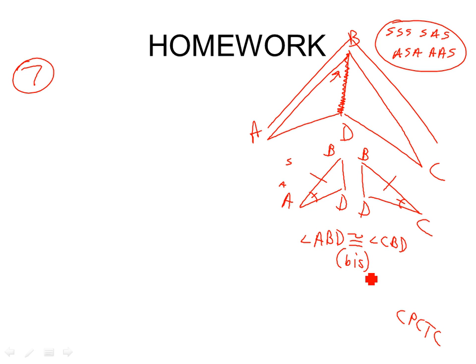And angle ADB. So that was a pair of angles. Do we have enough to say the two triangles are congruent? Yeah, by what? ASA, angle, side, angle.